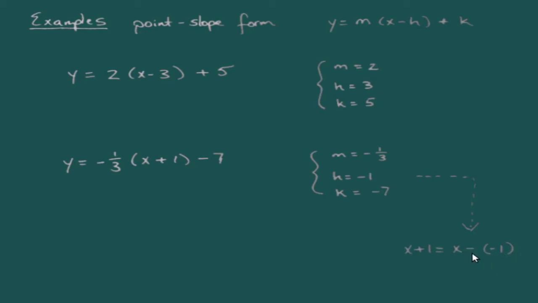So we've really got 2 abbreviations going on here, which really just gives us the positive 1. And so it may look a little bit weird in this case, but because it's x plus 1, our role of h is being played by negative 1. And the reason for that is because we can write x plus 1 as x minus the negative 1.